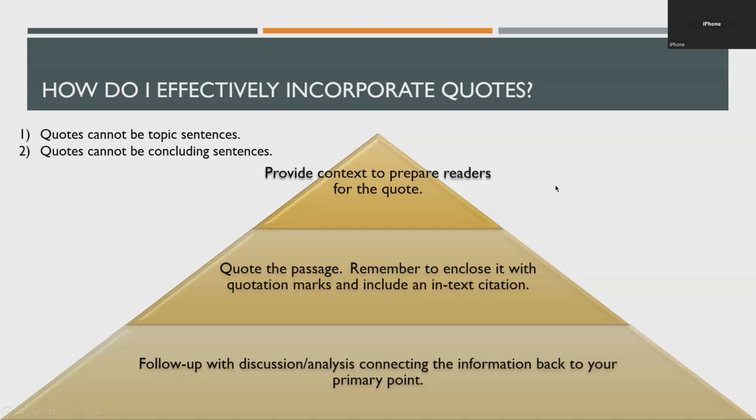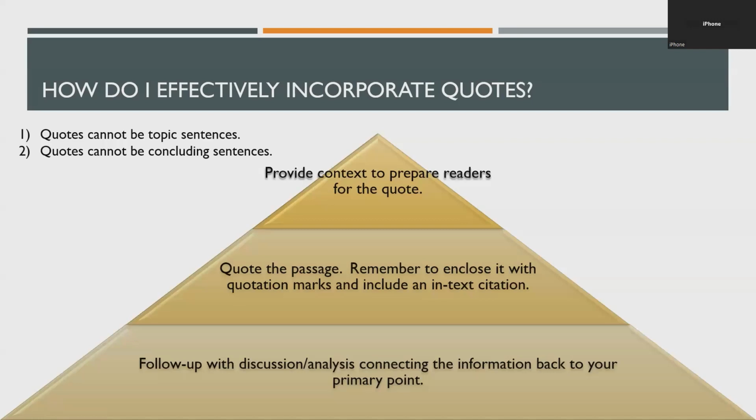And if you think about it, this makes sense. You have read the whole article, what that article was saying, or you've potentially read multiple sources all about the same topic. Your reader maybe hasn't done that. They probably haven't read the articles that you have. So you have to get the reader ready for your quotes.